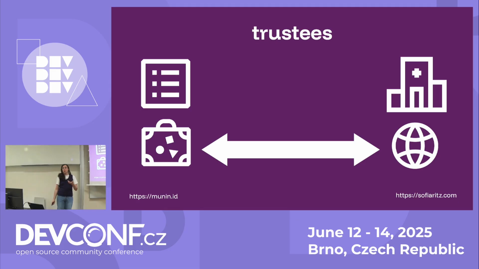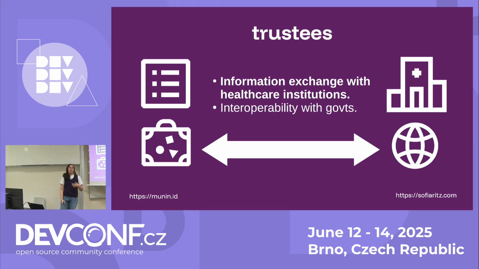So something that we've been exploring has been talking with some healthcare institutions, mostly in southern Spain, and seeing how governments do interoperability so that we can, for example, establish a central authority that you may allow some kind of access, that they can say, okay, indeed this person has developed dementia.